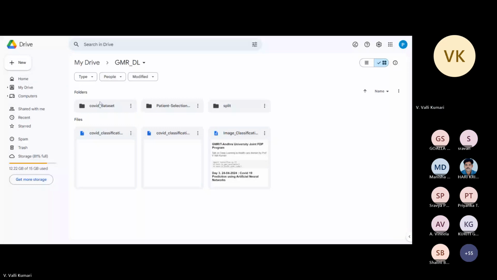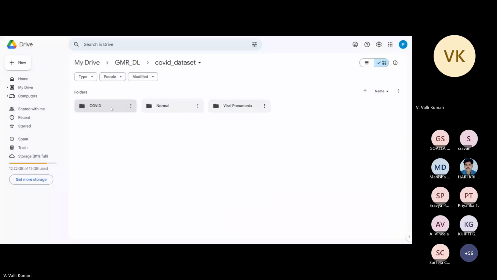Yes, let me share. It's set now. Can you see the screen? Now you can see 3 folders, right? You have the COVID folder, normal, and viral pneumonia. Just remember this.